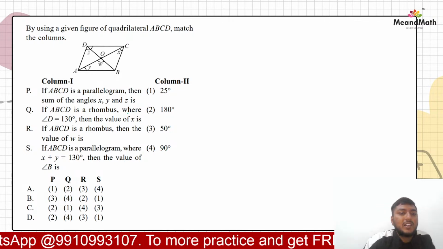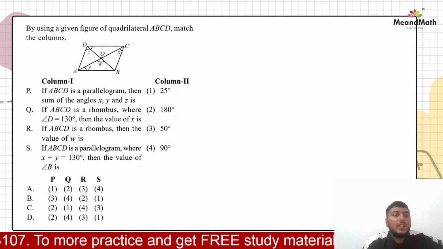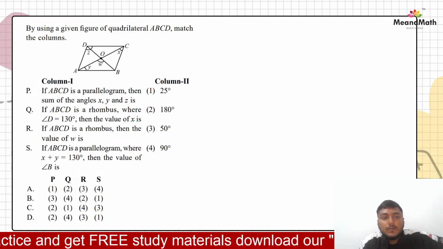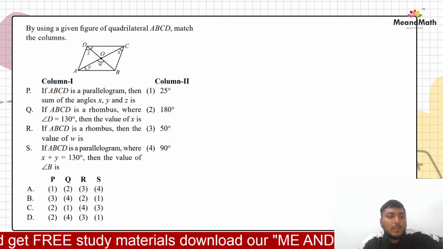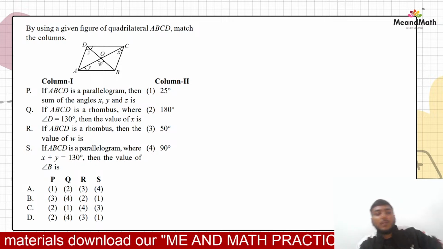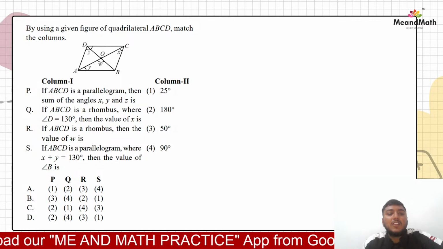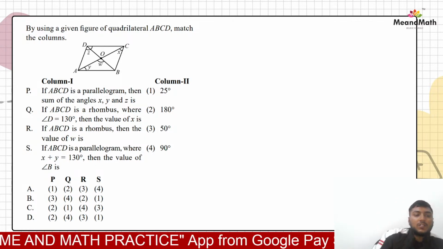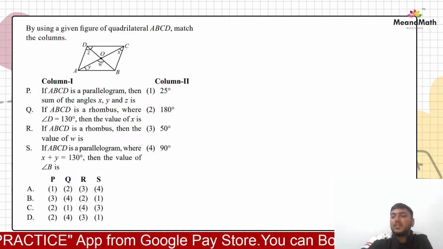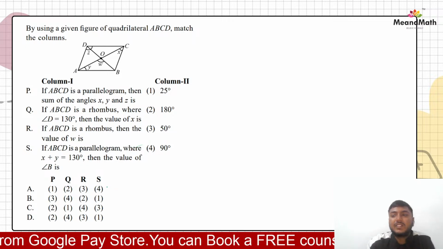If ABCD is a rhombus where angle D is 130 degrees, then the value of X. If ABCD is a rhombus, then the value of W. If ABCD is a parallelogram where X plus Y is 130 degrees, then the value of angle B. So we are given 4 options. If we know any 2 or 3 options of the combination that is correct, then we can easily solve this question, right?